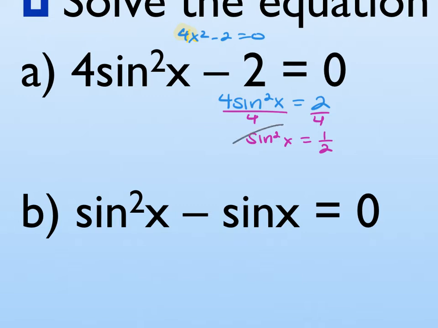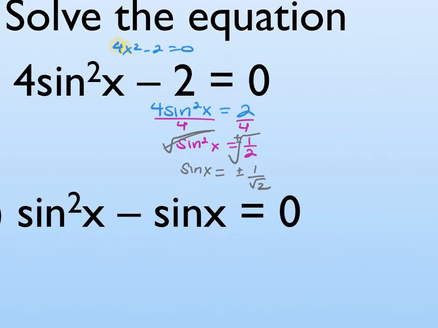Square root, putting a plus and minus in the front of it. Square root of 1 is 1 over square root 2, and that gets rationalized to root 2 over 2. So because it's plus and minus, I'm going to have 4 answers here, because it's all the positives and all the negatives.